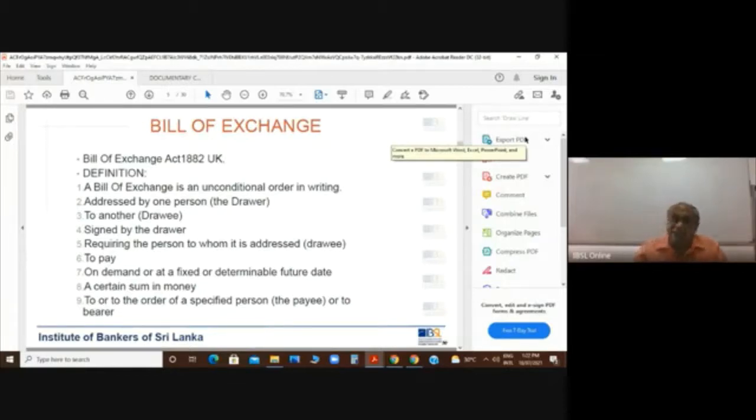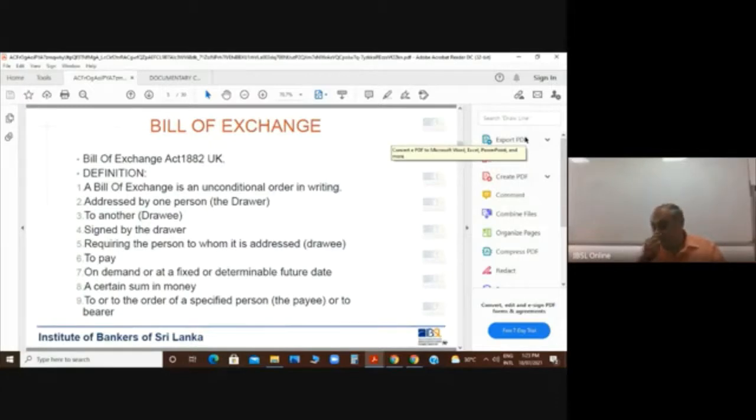But if that person has signed the check by putting 30th July, the date is 30th July. Now it's a fixed determinable date, right?